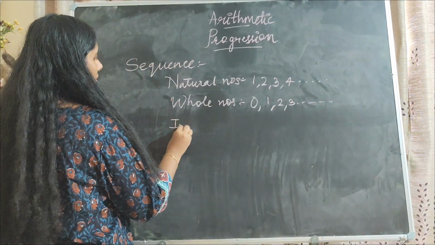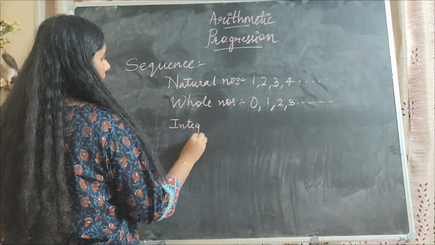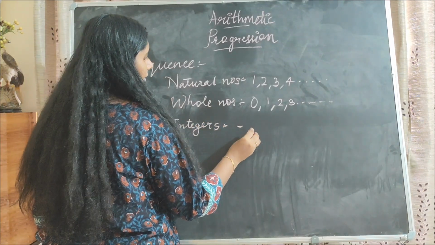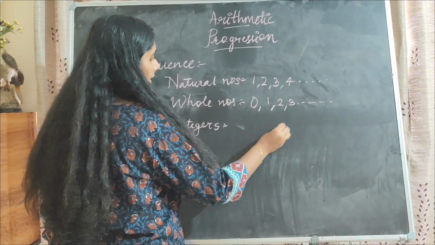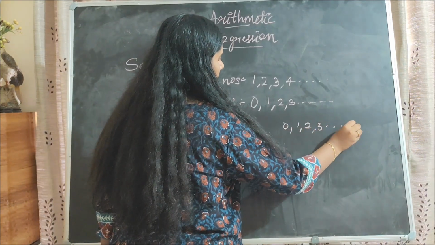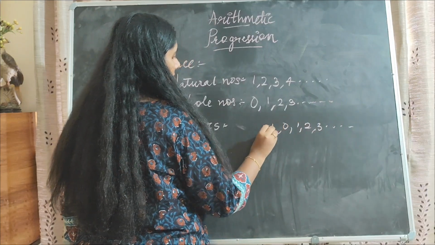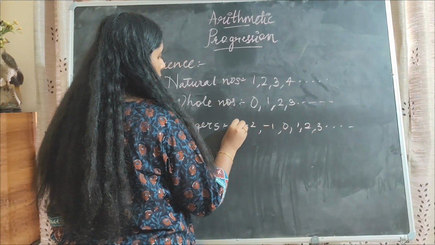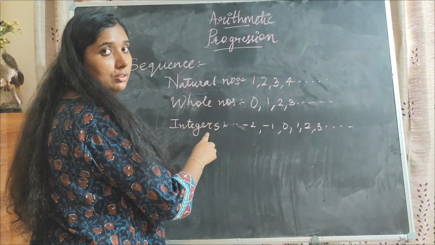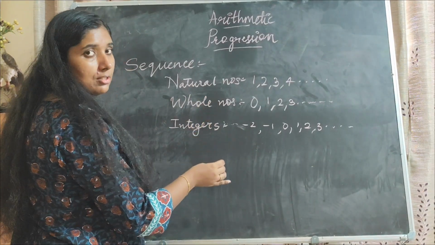What are integers? Integers start from 0, 1, 2, 3 up to infinity, as well as -1, -2 and this side up to infinity. So these are the three types of number sets.